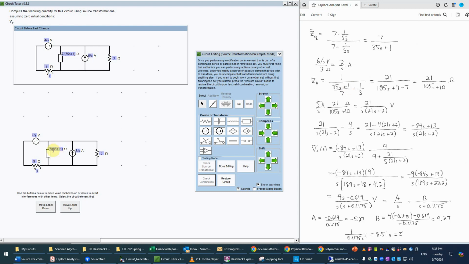I first take the reciprocal of this one, so that means the 35S plus 1 has to be on the top, and the 7 needs to be on the bottom. It's very important to take that reciprocal. Sometimes people, not infrequently, forget to do that, and then of course you'll get the wrong answer. And then the 3, again, we must take the reciprocal of that to put it in the 1 over the sum of reciprocals, so that becomes 1/3, not 3.